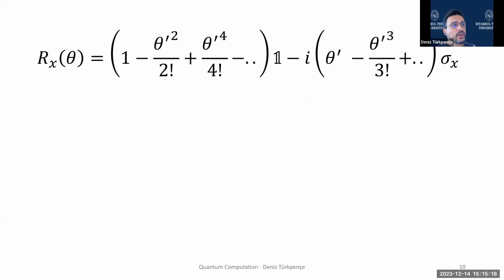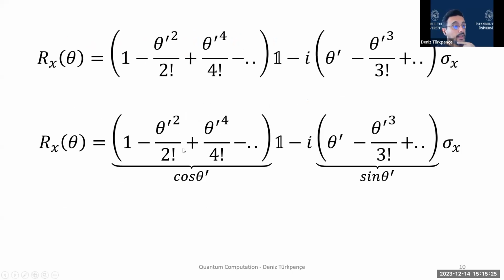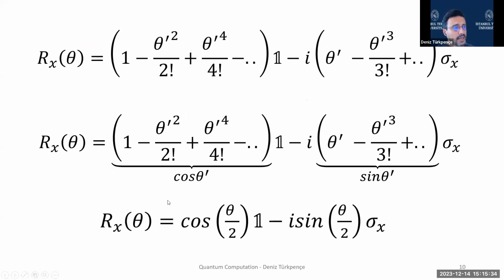So clearly I can see that my expression becomes this expression, and this is in fact the series expansion of cosine, and this is the series expansion of the sine trigonometric term. So writing these terms here in detail, I can find a new expression for my rotation operator. Clearly, this is a unit operator again, and this is my Pauli X operator.